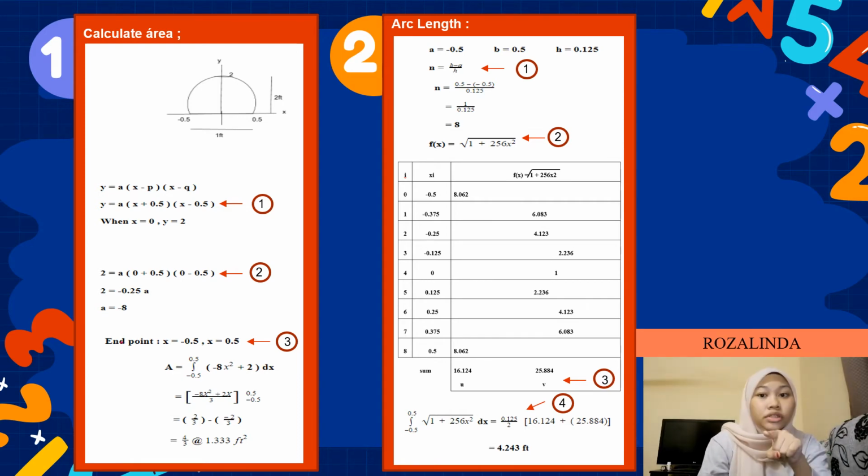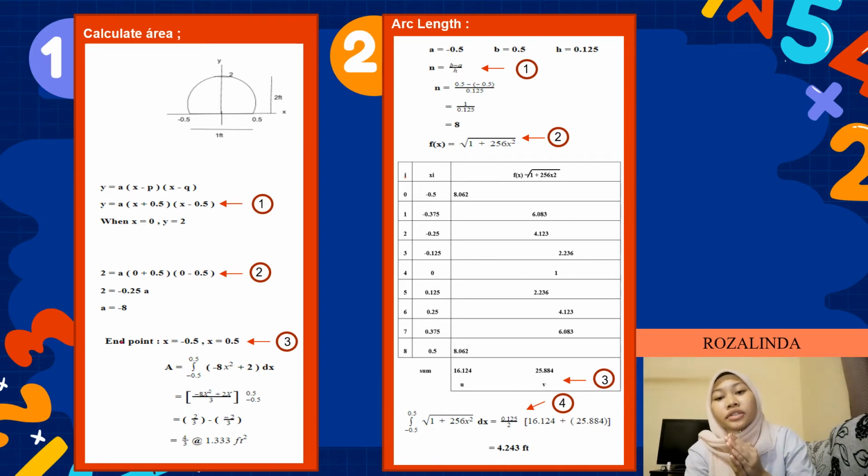Untuk cari nombor 1 tu, kalau kosong tu negatif 0.5. Untuk cari nombor 1 tu pula, cara nak cari dia adalah A tambah H. The answer is negative 0.375. Untuk yang nombor 2 tu, A tambah 2H.